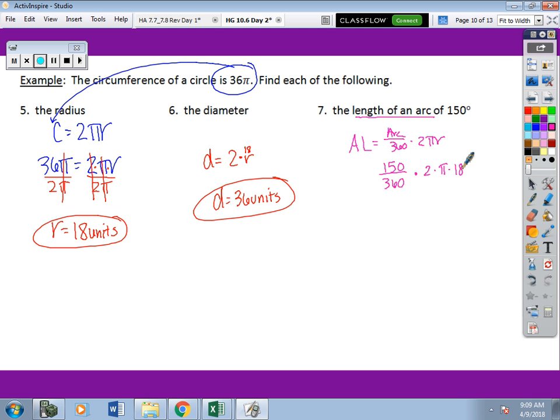And then we need to simplify that, however you prefer. If you want to reduce the fraction first, or if you just want to put the fraction in and then multiply, you should get 15 pi. They didn't tell us to leave it in terms of pi, but I just will because all the other ones did.